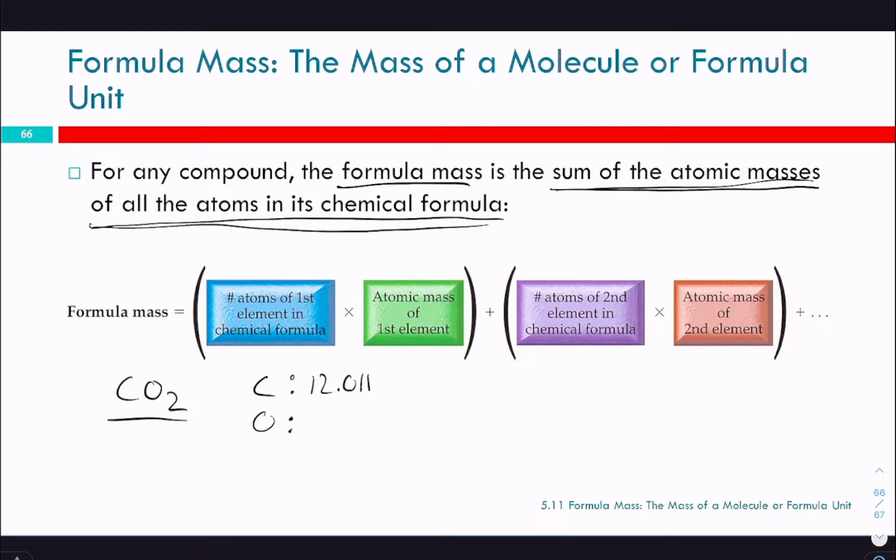We haven't talked about moles yet, but this is in units of grams per mole. We have one carbon atom, so we multiply carbon by 1. For oxygen, the atomic mass is 15.9994, and it's also grams per mole. Atomic masses are all in grams per mole. But we have 2 of these, so we multiply it by 2.